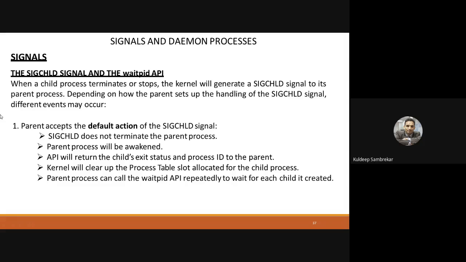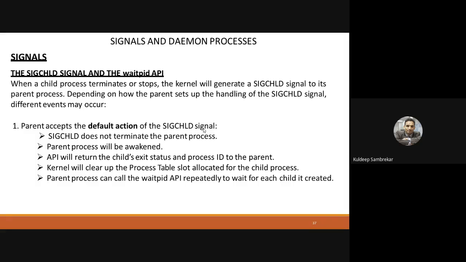The first one is the parent can accept the default action of the SIGCHLD signal. That means there was a parent process, it created a child process, the child stopped or terminated by itself somehow. Then the kernel intimated the parent, saying that the child process has stopped or terminated.